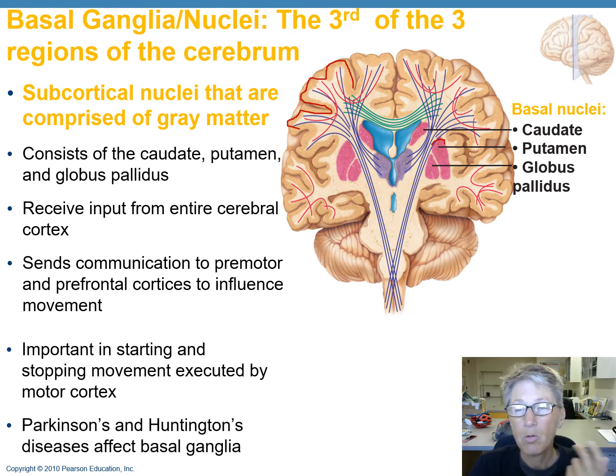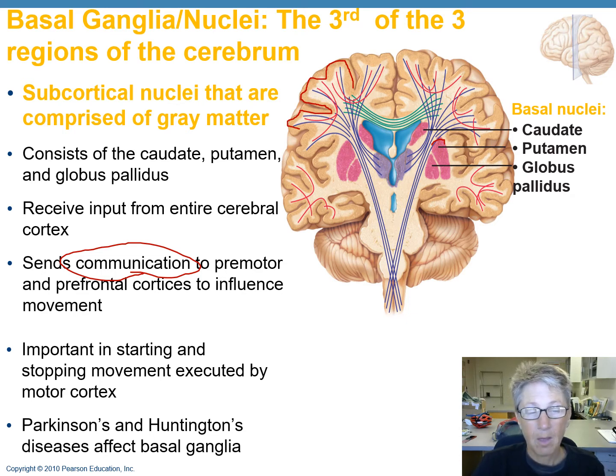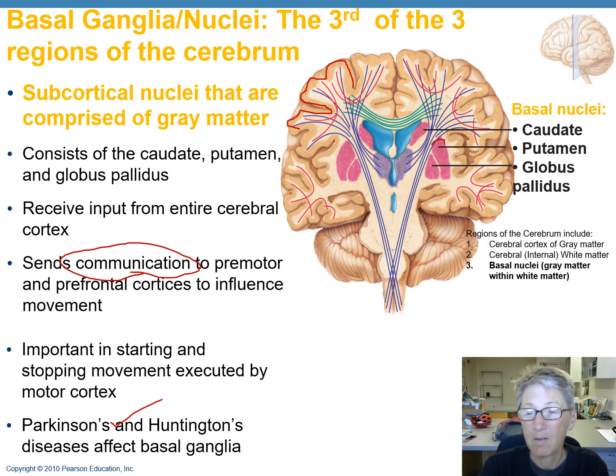So the communication that the basal nuclei sends to the prefrontal cortex is important in starting your movement and stopping your movement. And when there's a lesion in this area, you see the phenotype of Parkinson's or Huntington's disease.